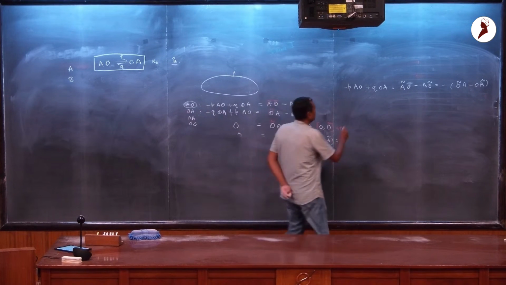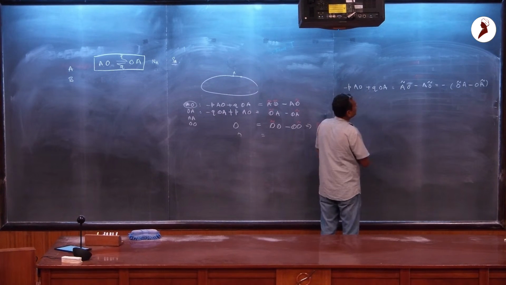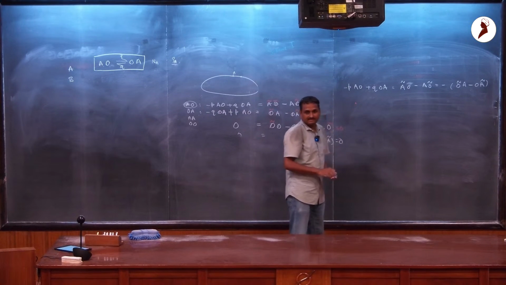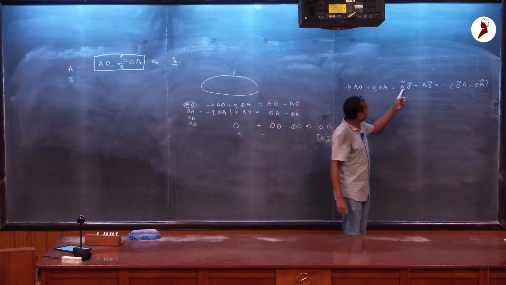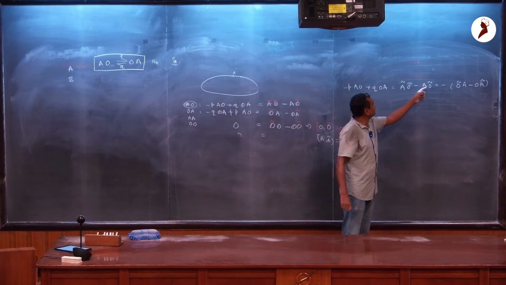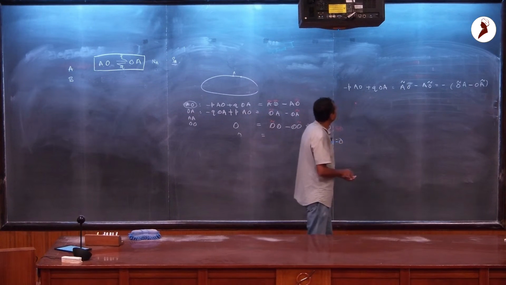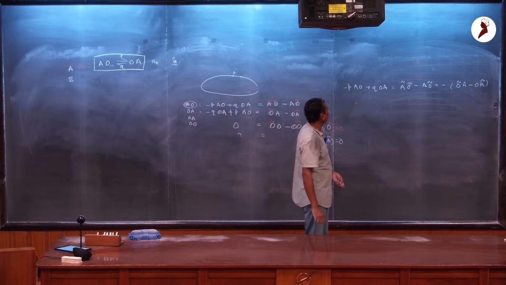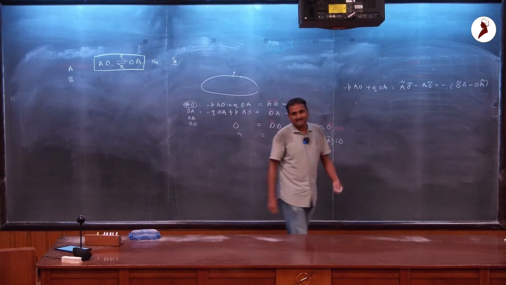Okay. So now let us take a condition and see whether it works. So A tilde is a constant. I call it A. Then O tilde is O. What about 0?